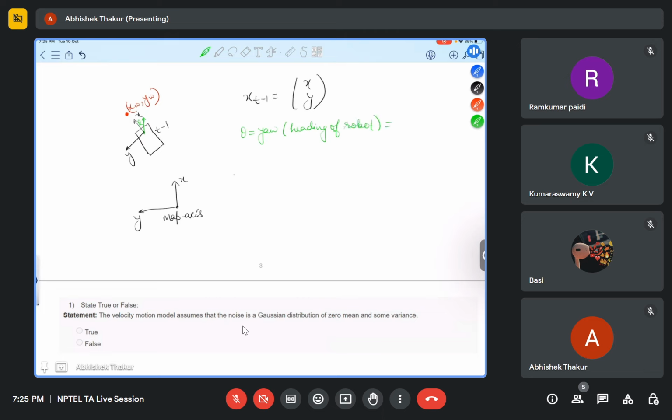Let's suppose that in this case it is 30 degrees, because we take positive in the anti-clockwise direction. Whatever I'm teaching now can be useful in the autonomous navigation of a robot or vehicle.